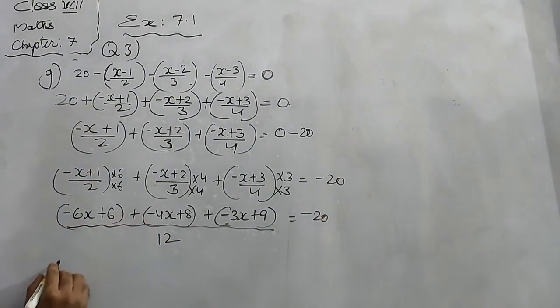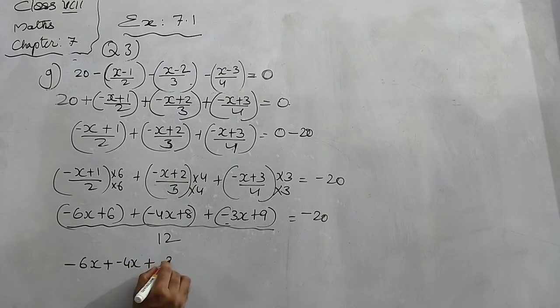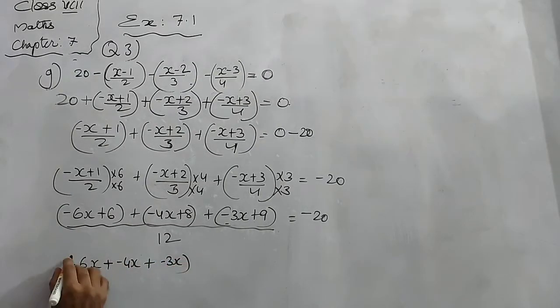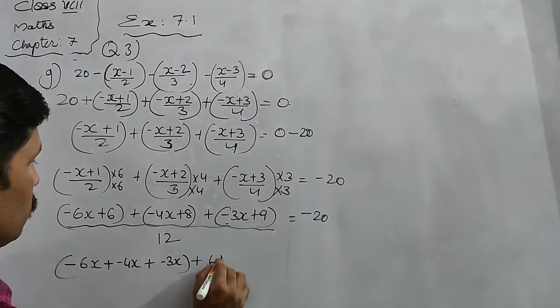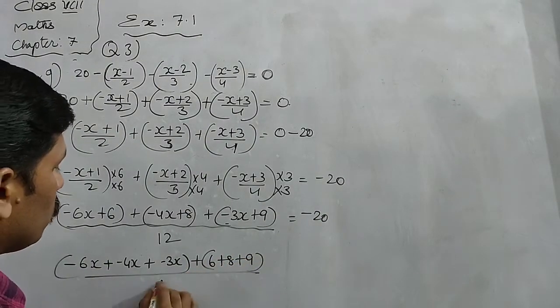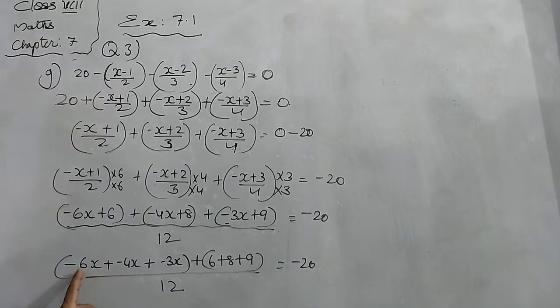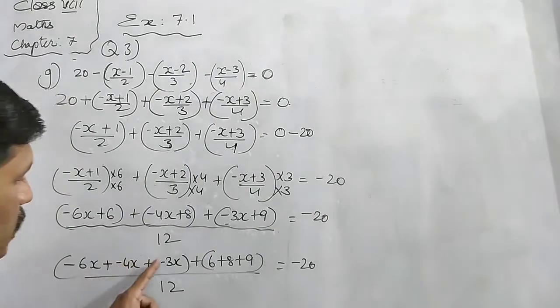And here I am going to bring the like terms together, negative 6x plus negative 4x plus negative 3x plus 6 plus 8 plus 9 upon 12 is equal to negative 20. Now I am adding 6x plus negative 4x plus negative 3x.